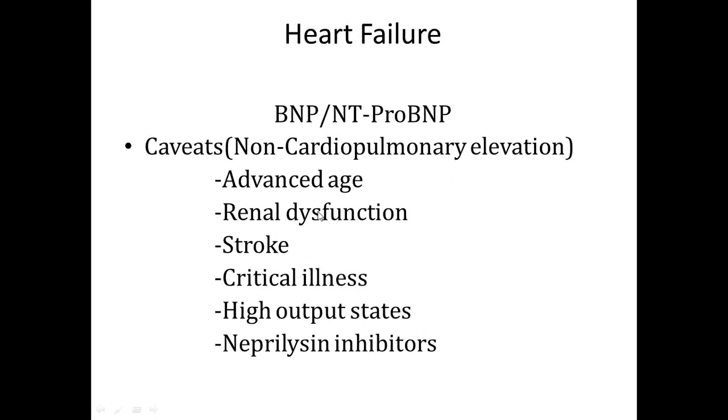If someone has renal impairment, you have to analyze or use the BNP very cautiously. All right, patients with strokes, any critical illness, high output states, and then the neprilysin inhibitors.